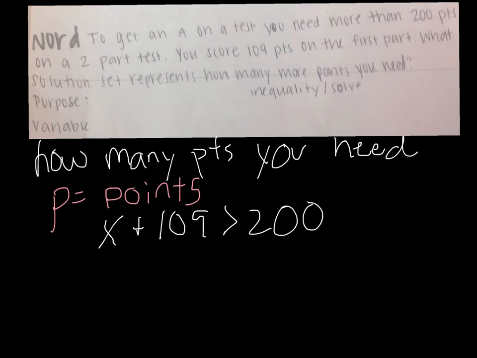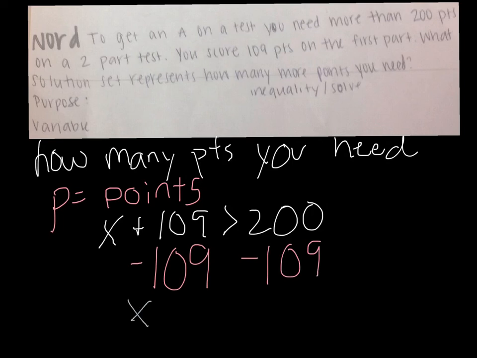This is a one-step inequality like you saw earlier in this video. And so first step we need to do, you have to minus 109 from both sides. And your answer would be x is greater than 91.